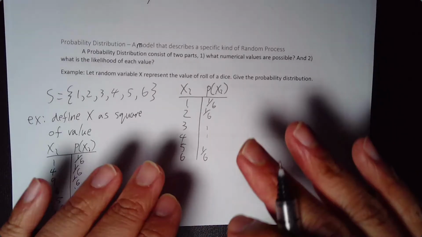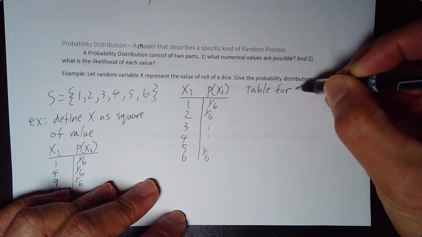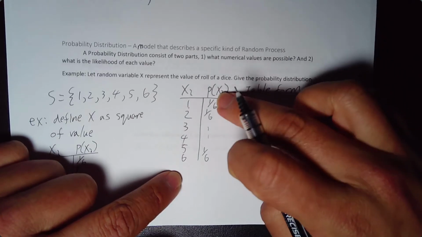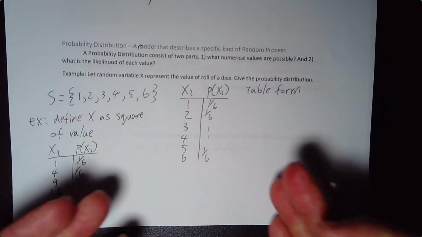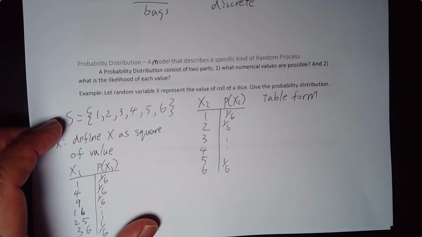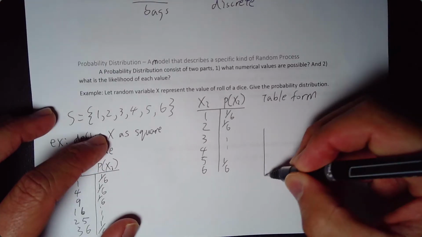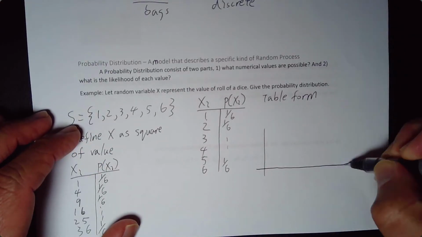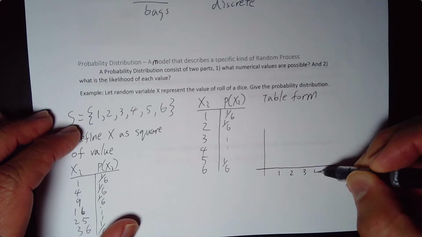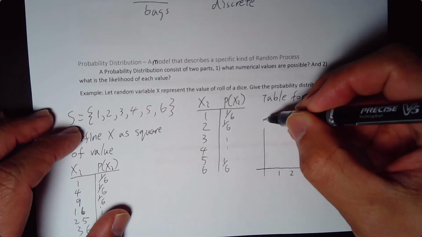So this is the table form, or tabular form. We have what the possible values are, and then what the probability of each of them is. So this is one way to describe a probability distribution. Now this is the table form, but I can also do a graphical form. So how would I describe this probability distribution in a graph? Let me do it here. I have 1, 2, 3, 4, 5, 6, and I can do this in a histogram, or something that looks like a histogram.